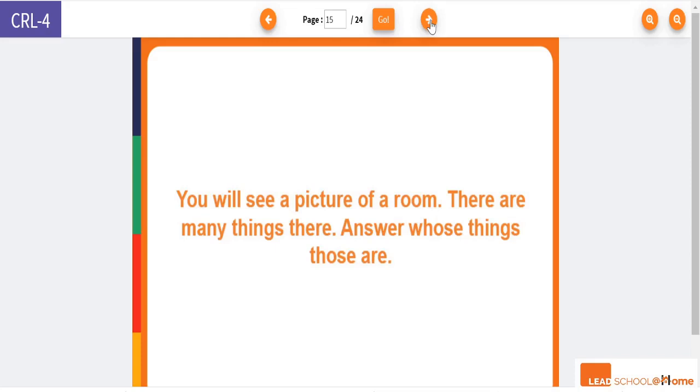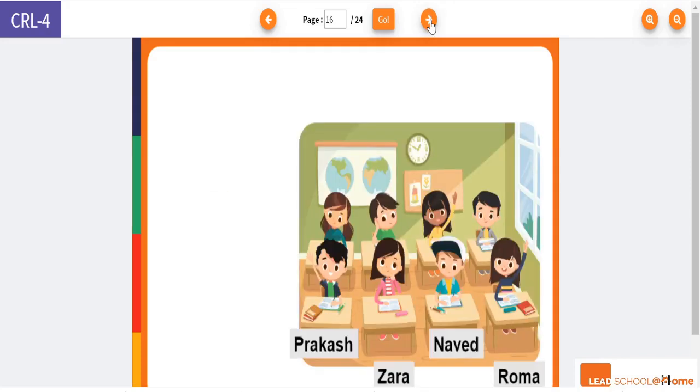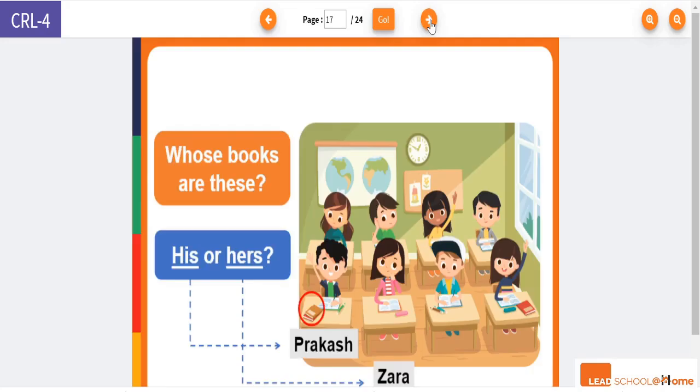You will see a picture of a room. There are many things there. Answer whose things those are. Do you see different children there? There is Prakash, Zara, Naved and Roma. Whose books are these?